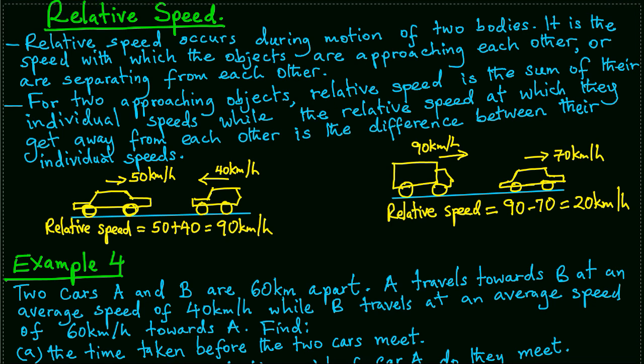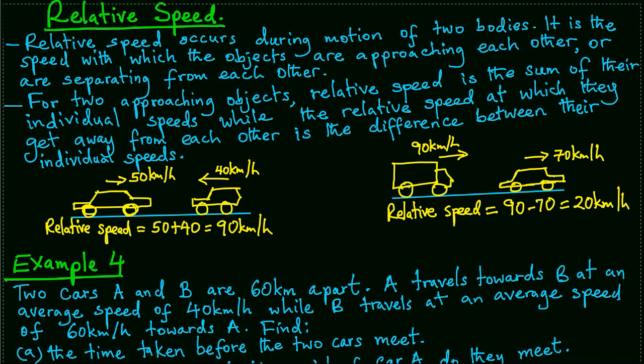So for two approaching objects or bodies, the relative speed is the sum of the individual speeds, while the relative speed at which they get away from each other is the difference between their respective individual speeds.